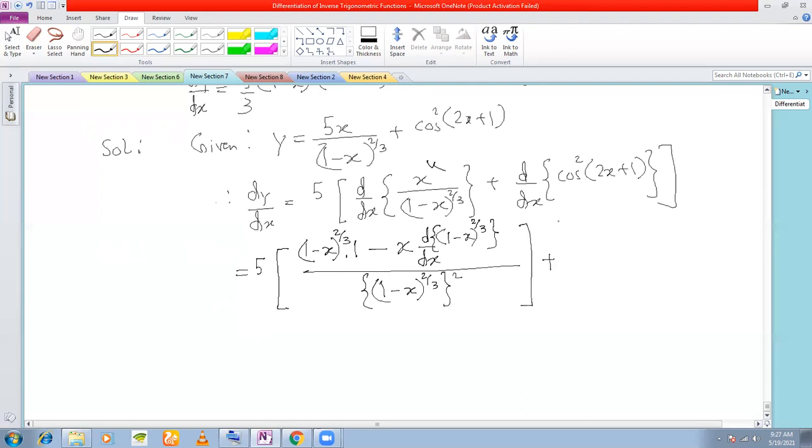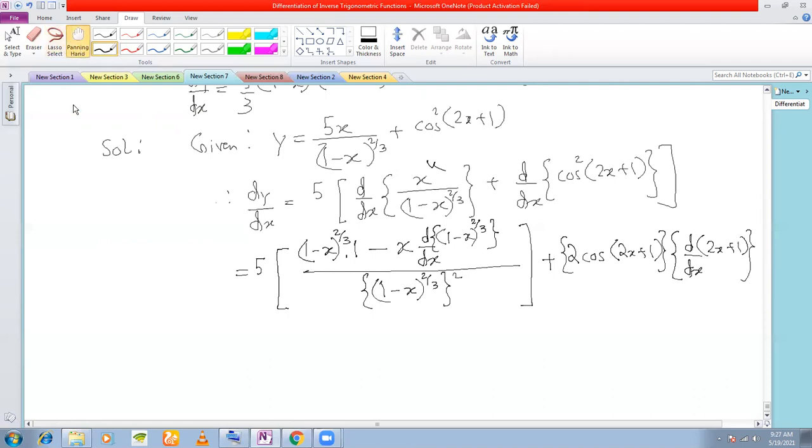Plus d/dx of cos square (2x plus 1). First differentiate the power to get 2 cos (2x plus 1) into, and then differentiate whatever is within the cos.